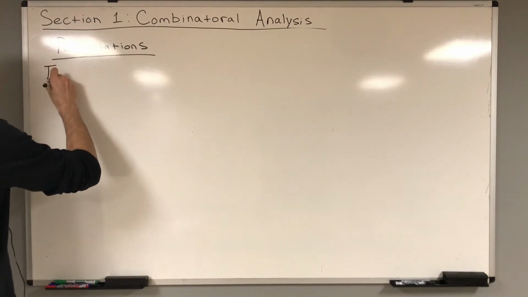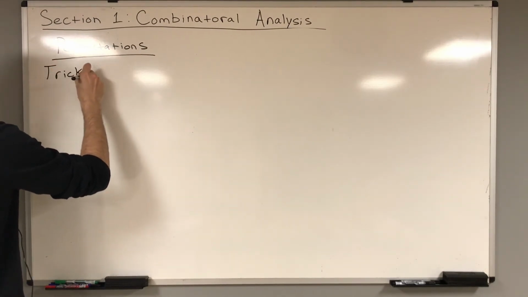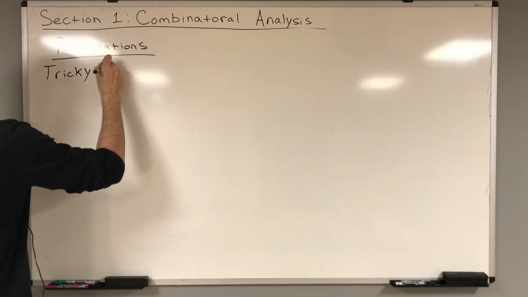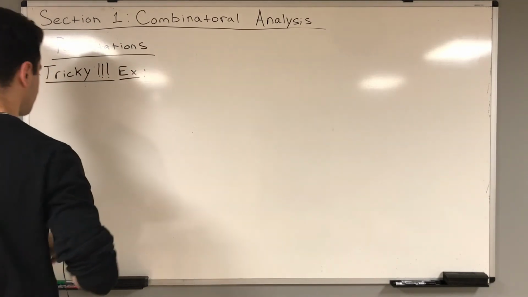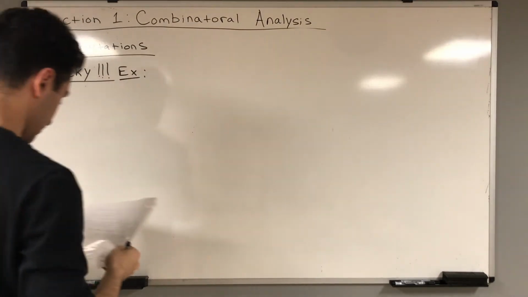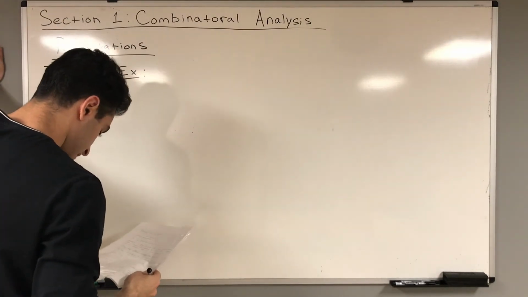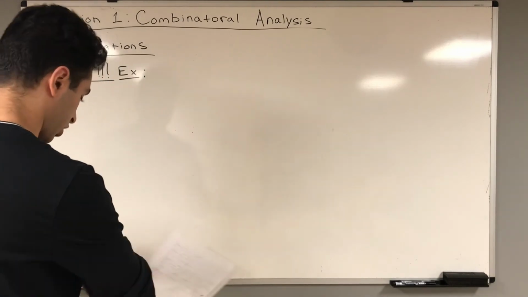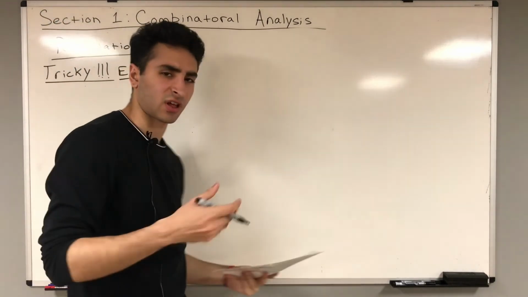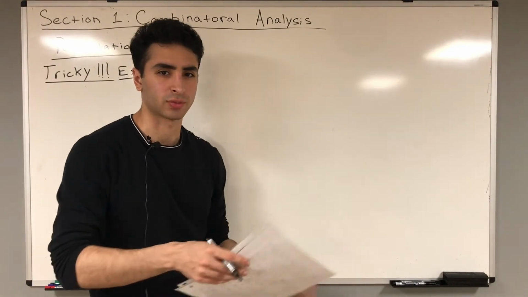Okay, so I'll just highlight that it's tricky. I don't know, maybe it's not that tricky, but we'll see how you guys do. So, okay, it's a big word problem. And if you notice, we have a lot of word problems, and you should get used to that in probability.